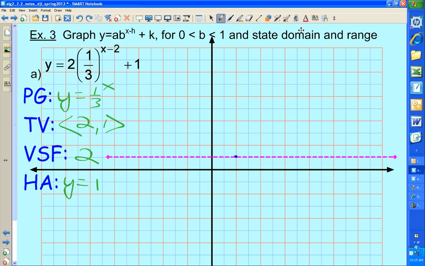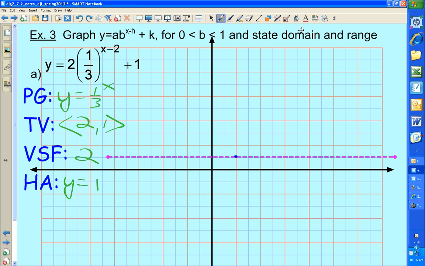So let's throw the graph up here. From the translated origin to 1, normally we would go right 1 up 1/3. Jennifer, what would we do? Right 1 up. Right, that's the parent graph. So on this one, multiply the 1/3 by 2.